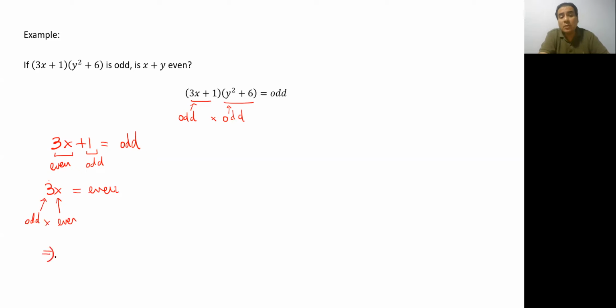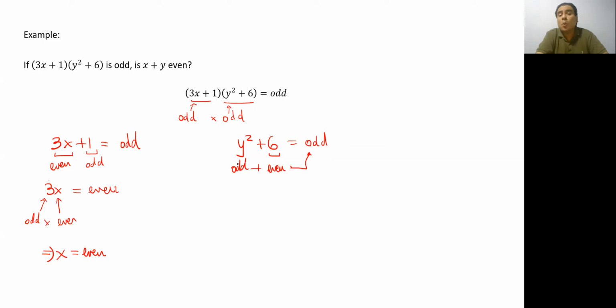From this, we conclude x must be an even number. What about y? y squared plus 6 gives an odd factor. So, since 6 is already an even number, you can sum an even plus an odd to get an odd result.